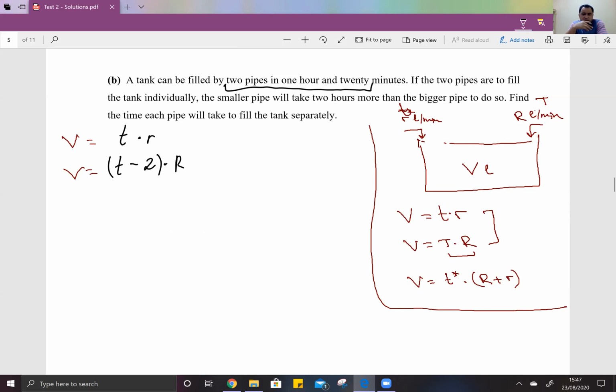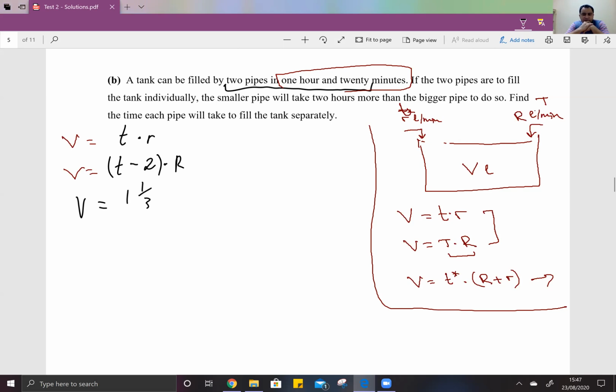Okay. Now, for the third equation, it's given here, right? 2 pies in 1 hour and 20 minutes. Change this into hours and write the equation. If you open them together, how long does it take? 1 hour and 20 minutes, right?